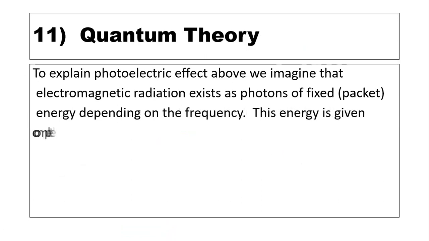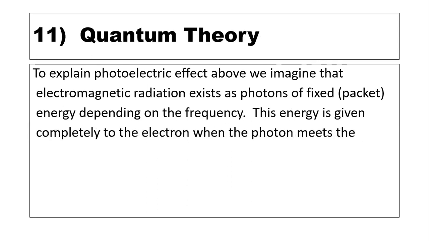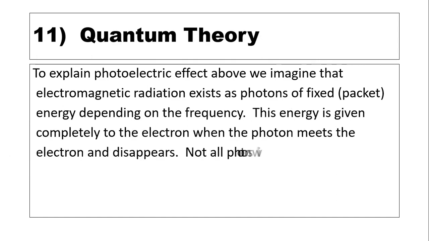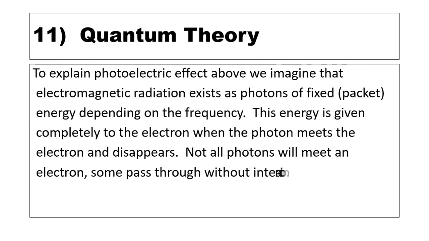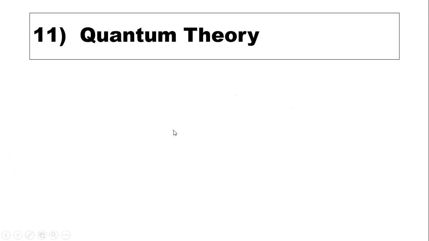The energy is given completely to the electron when the photon meets the electron and the photon disappears. Not all photons will meet an electron. Some pass through the metal without interaction. Okay, so that's the energy of the photon depending on the frequency.